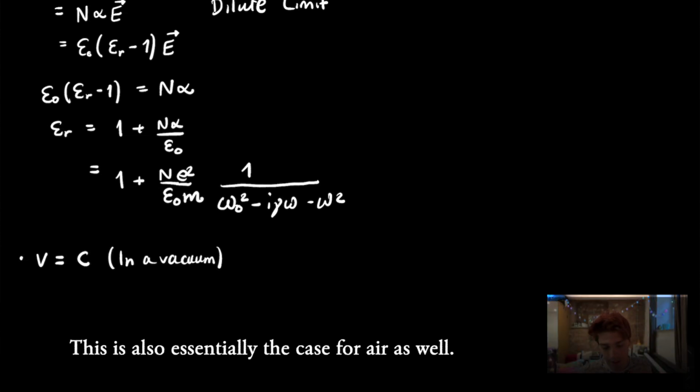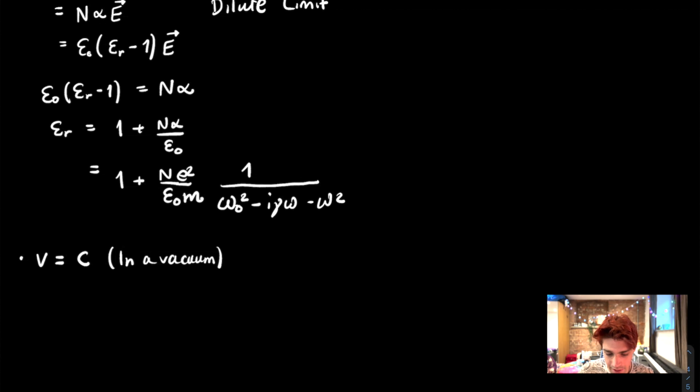But of course, we're not in a vacuum, we're in a dielectric of some kind, some medium where the electromagnetic waves are going to be slowed down, or stopped entirely if it's a metal or something. And so for a general medium, we introduce the quantity known as the refractive index. That basically says how much the electromagnetic wave's speed is reduced by within this medium. And n is always greater than 1.